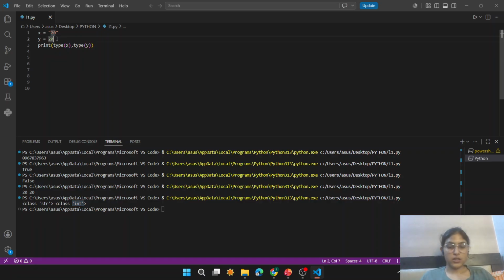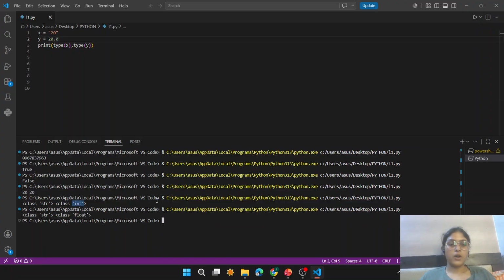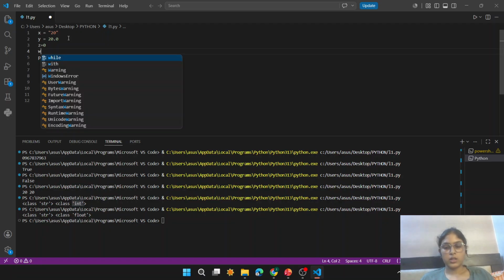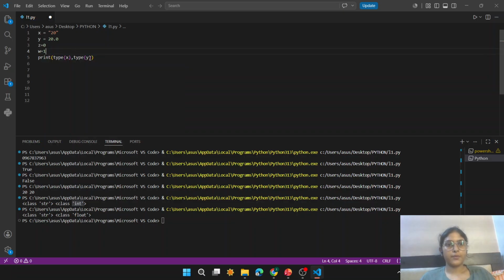If I change this to a decimal, now it is a float. If I want to know the value of a second thing that is 0 and let's say 1. Okay, let's then see what happens.